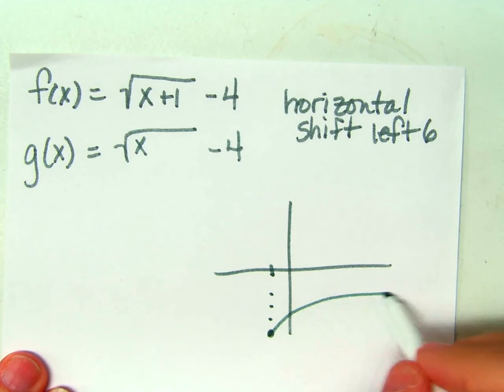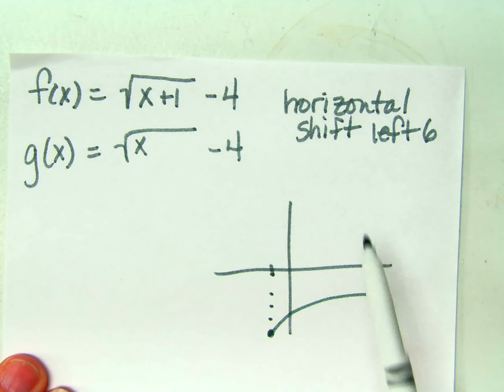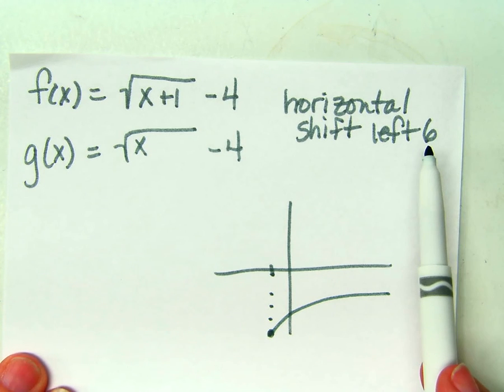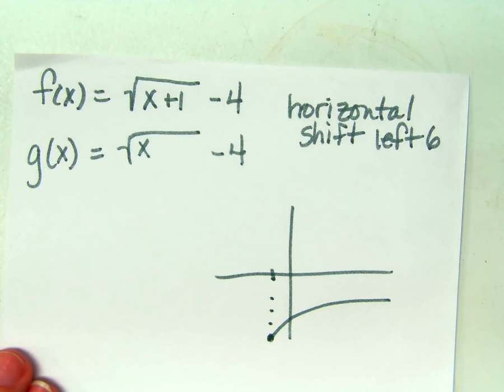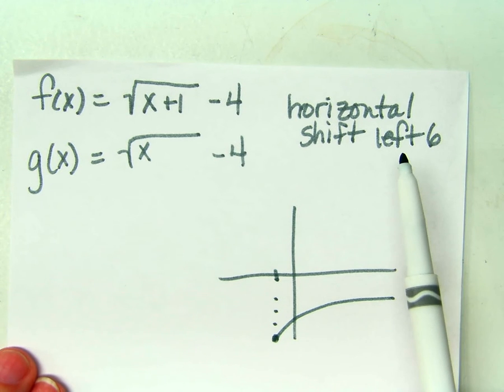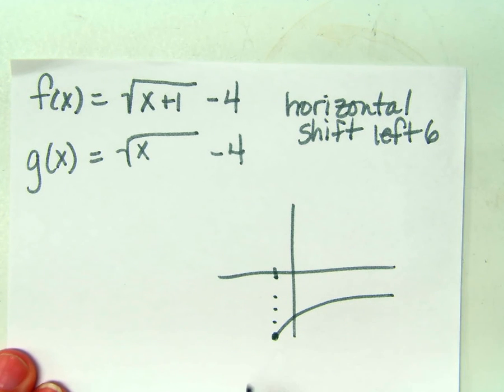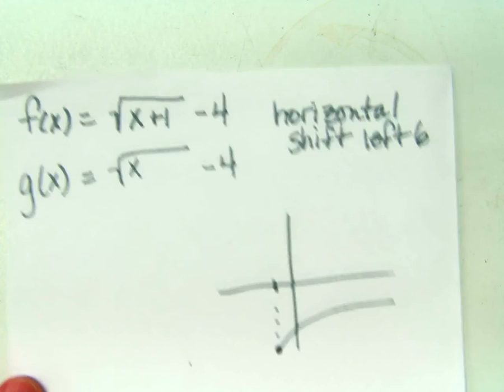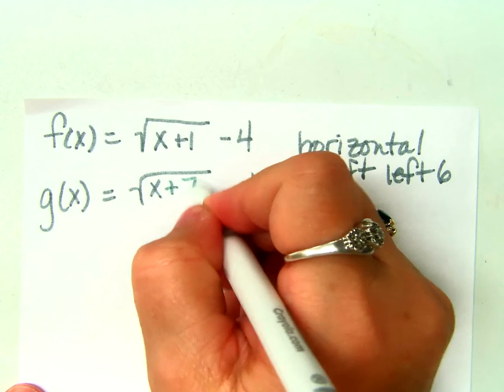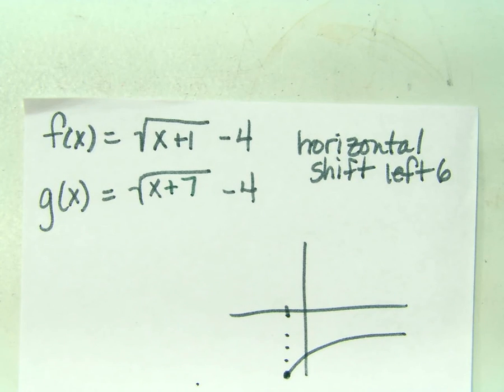So it's like this. Now I want to move it lefter. I know I'm making up words. It's fine. You'll be fine. I want to move it 6 further left. Where's it going to go? To 7, right? Okay, so plus 7. Questions? Good?